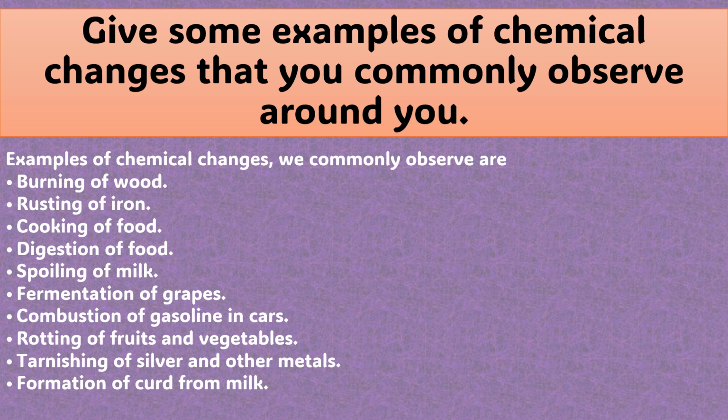Some examples of chemical changes that we commonly observe are burning of wood, rusting of iron, digestion of food, spoiling of milk, fermentation of grapes, combustion of gasoline in cars, rotting of fruits and vegetables, tarnishing of silver and other metals, formation of curd from milk.